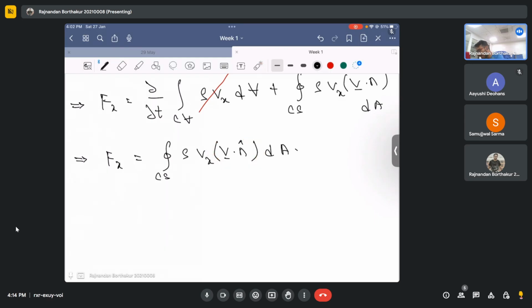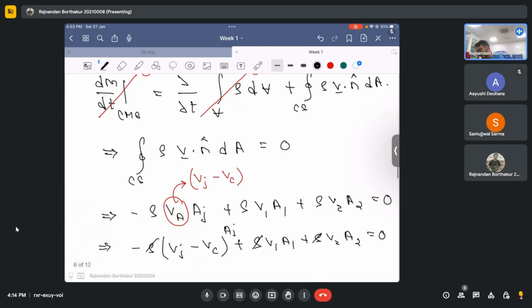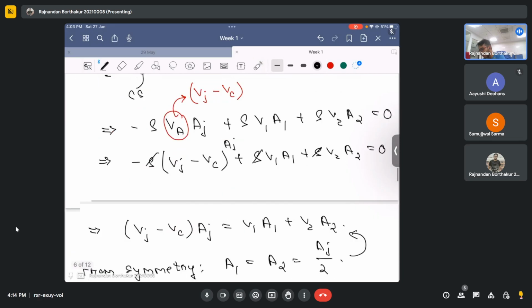Now we just need to evaluate this V dot n cap, which we already evaluated. It is associated with this area, and this simplifies to Vj minus Vc.